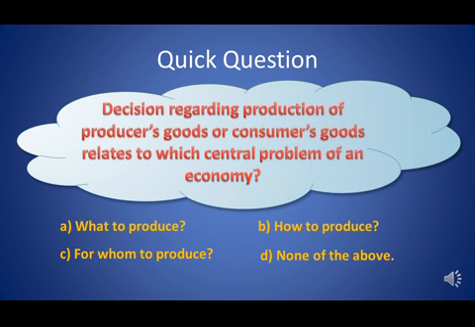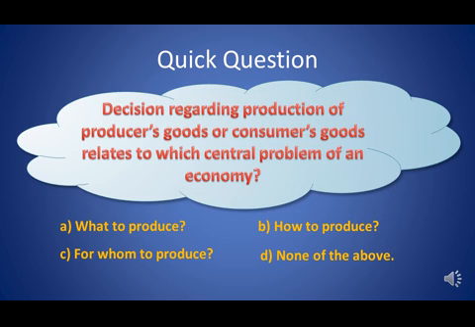Before discussing the concepts of chapter 1, Introduction, I would like to throw a quick question. Decision regarding production of producers goods or consumers goods relates to which central problem of an economy?